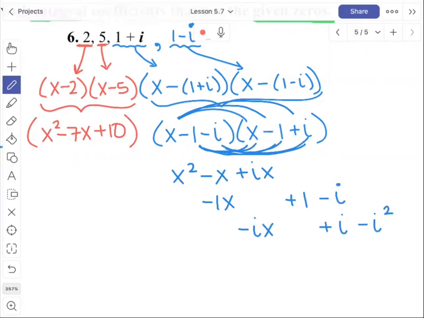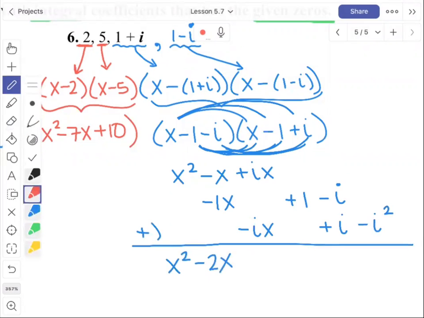All right, and let's see what we get. We got x squared minus 2x. These cancel out. ix minus ix. These cancel out. And I'm left with plus 1 minus i squared.